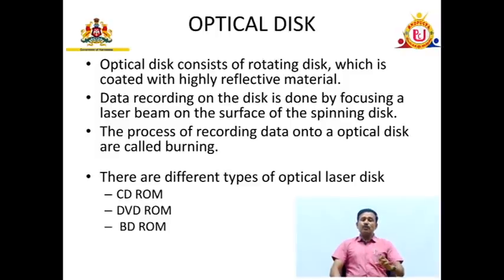This optical storage device can store more information compared to floppy disk drives. In magnetic media, we had floppy disks. In case of optical media, we can store more information compared to floppy disk. So these are some pictures of optical storage devices.